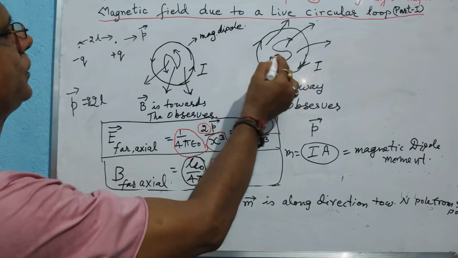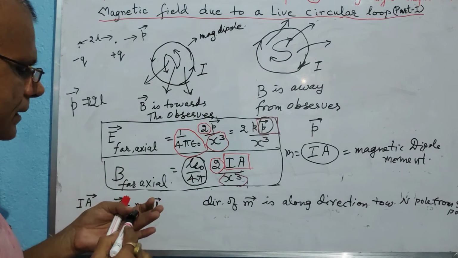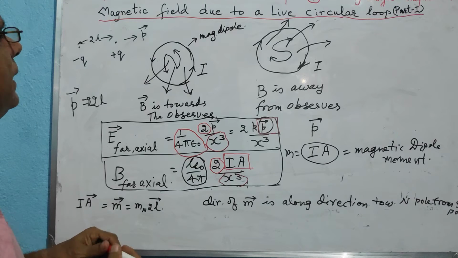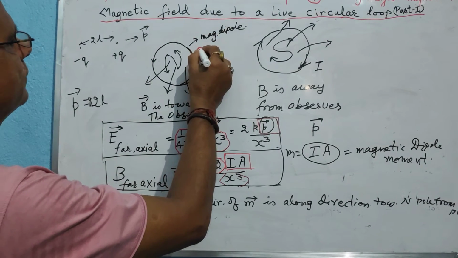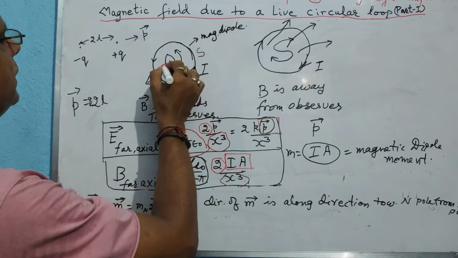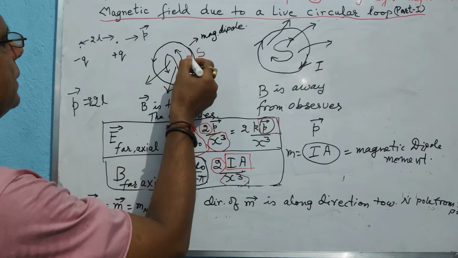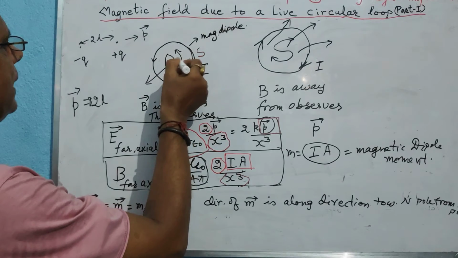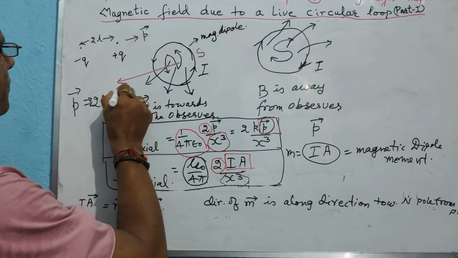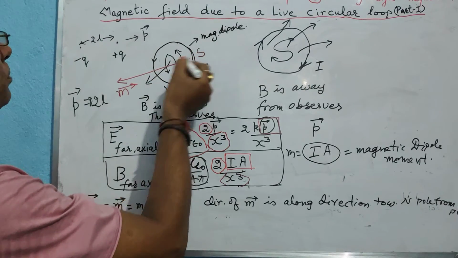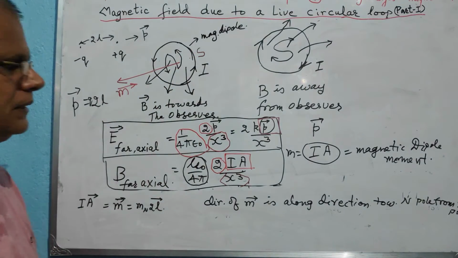Means if we talk about the direction of magnetic dipole moment, we have this face, the opposite face is working as a South Pole, and this face which is towards us is as a North Pole. So the direction of magnetic dipole moment should be from South Pole to North Pole. It is having this direction.